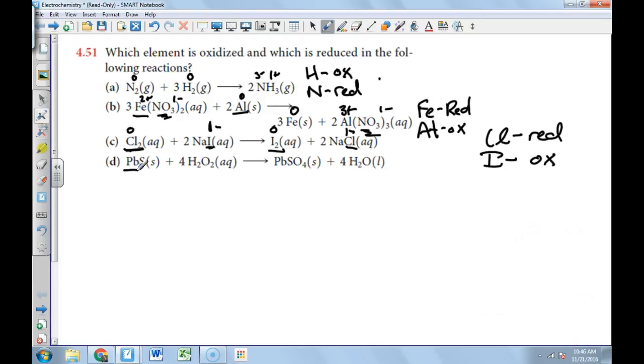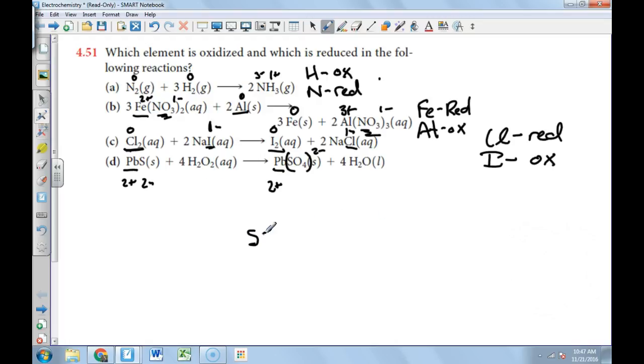Okay, so here's lead and lead. This one's a little trickier. You would imagine that the metals are typically what we've been dealing with that will be oxidized and reduced, but here lead is 2+ because sulfur is 2-, and here lead is 2+ because sulfate is SO4 2-. So it looks like we're going to have to go in through here and figure out what is going on. Let's look at sulfate, and then the oxygens and the hydrogens.